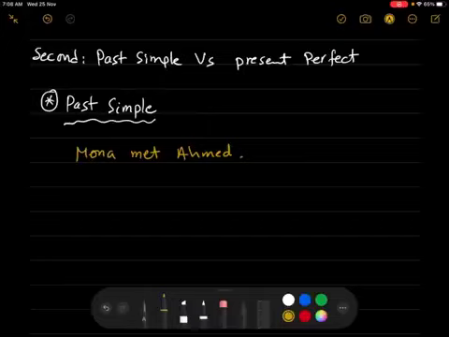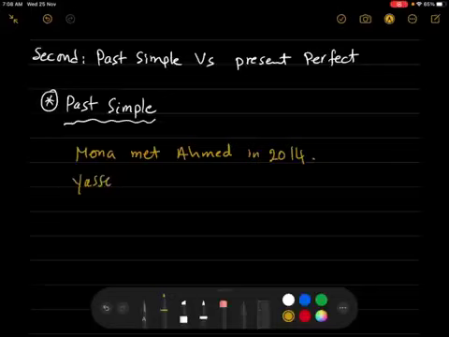And using the past simple, we can specify the moment in the past at which this action was completed, and we can say Muna met Ahmed in 2014.